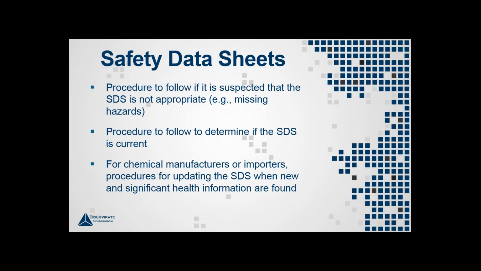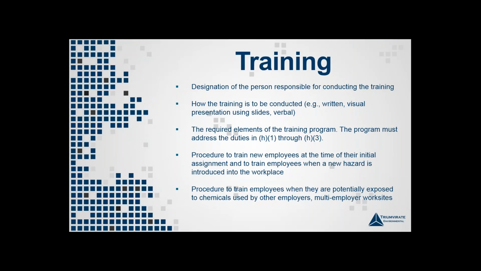My suggestion is that we used to have our purchasing person send out a letter at the beginning of every year, a chain letter if you will, asking vendors to send us the most up-to-date safety data sheet for all chemicals we purchase through them. We used to get maybe a 60 to 70% response rate out of that, which was pretty good. But at least that was part of our procedure to ensure that we had the most up-to-date information. So again, it's up to you. These are just types of issues that we can show you or things that you can possibly do.